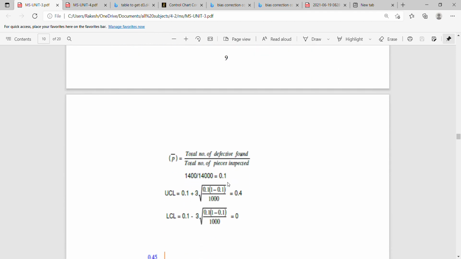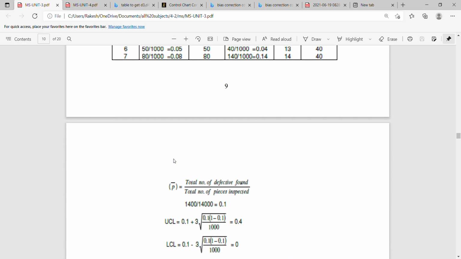And coming to the calculation of p bar, it is the total number of defectives divided by the total number of pieces inspected.